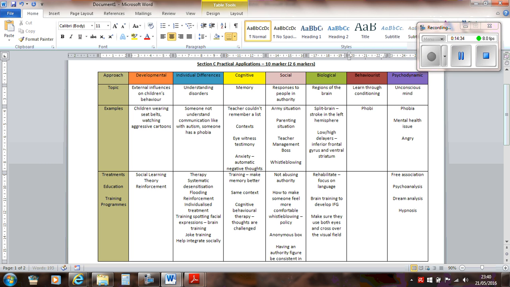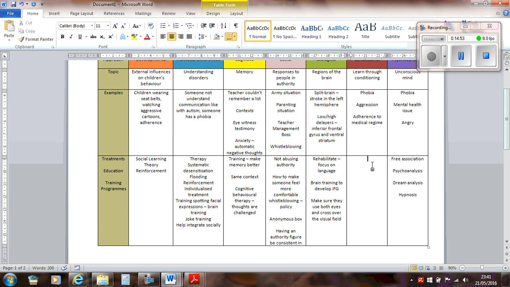Behaviourist, again, that could be a phobia. It could be things like aggression. It could be adherence to medical regimes. That one could be adherence as well.